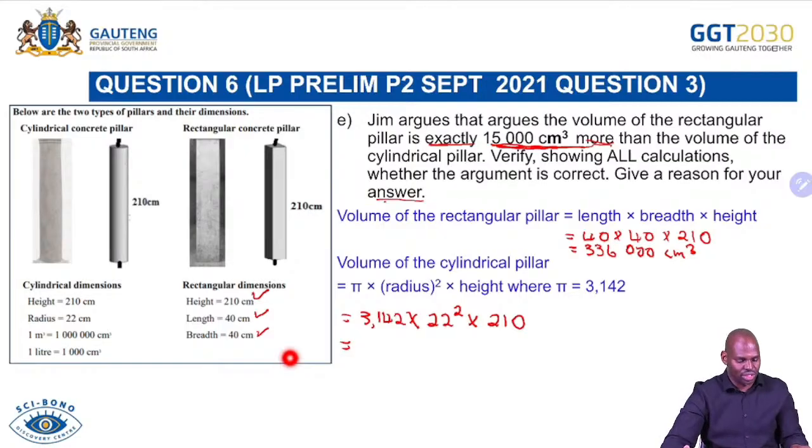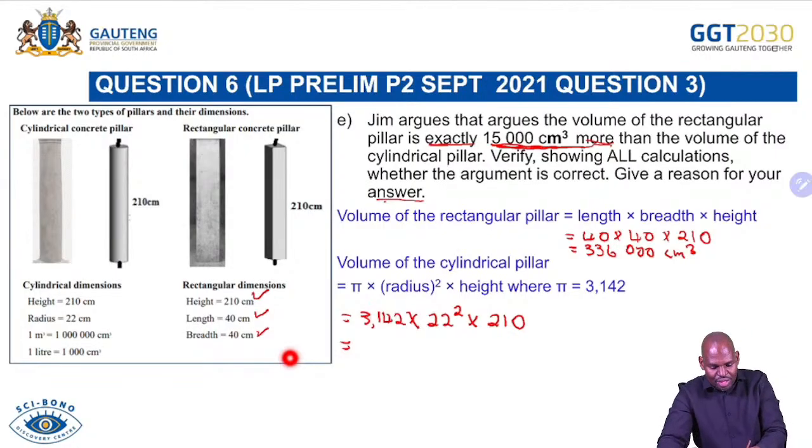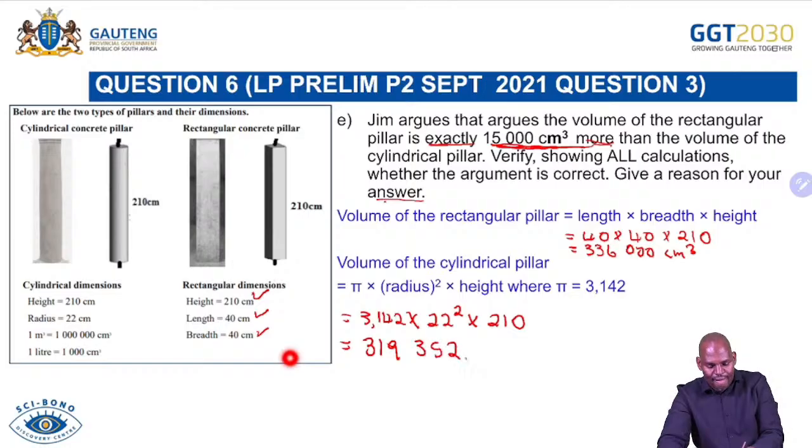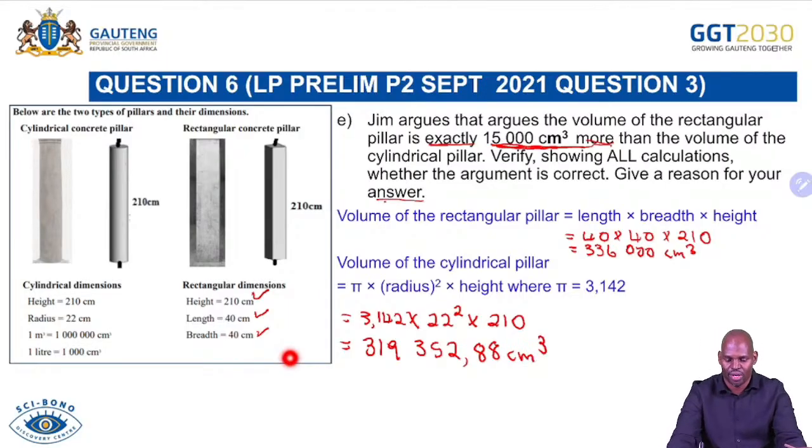Now we can simplify: 3.142 multiplied by 22 squared multiplied by 210. The answer there is 319,352.88, and that is also cubic centimeters.